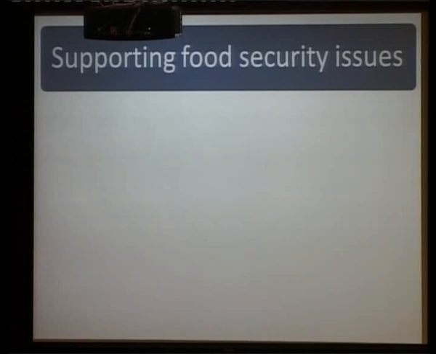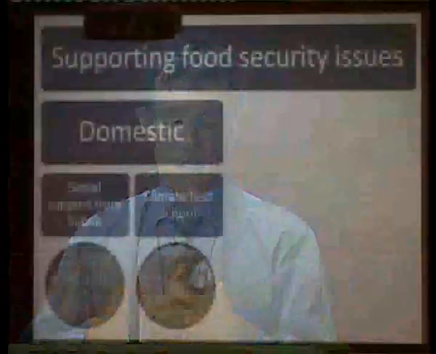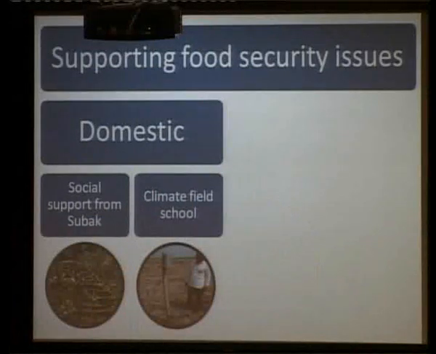Okay, so from this, although I haven't finished the vulnerability assessment, as a primary vulnerability assessment I can have some primary findings as a development agency. So supporting food security issues, even without international cooperation, domestic people can support themselves.